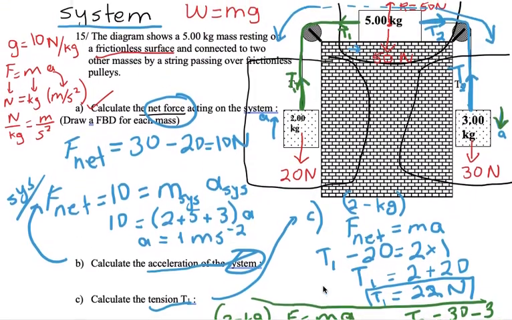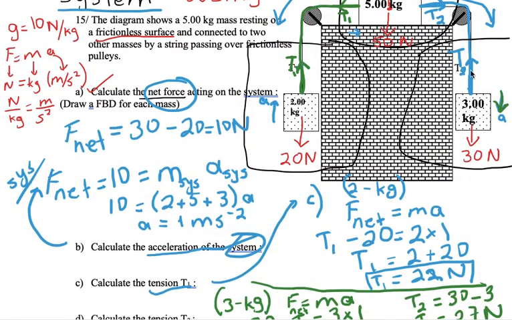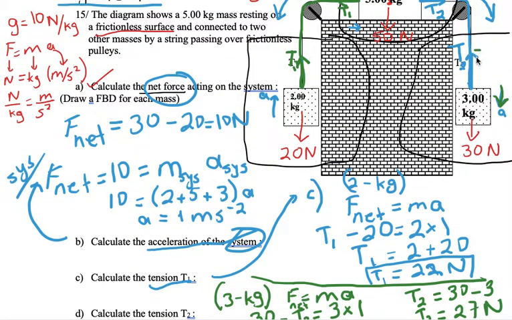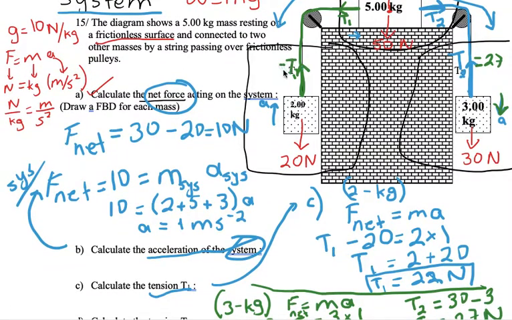But I want to do a check. So what I'm going to do, we found T2 to be 27. And we found T1 to be 22.